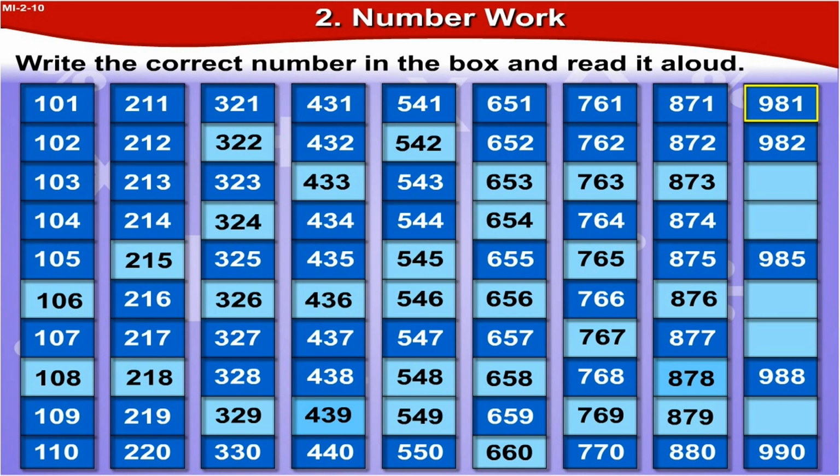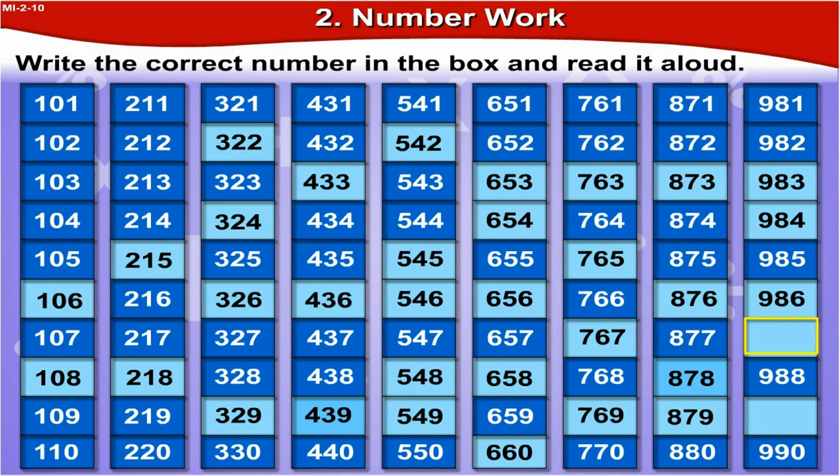Now the last column. 981, 982, box. After 982, we have 983. That is 983, so write it in the box. And after that, we have 984. That is 984, so write it in the box. Now you have 985 followed by 2 boxes. After 985 comes 986, that is 986, so write it in the box.